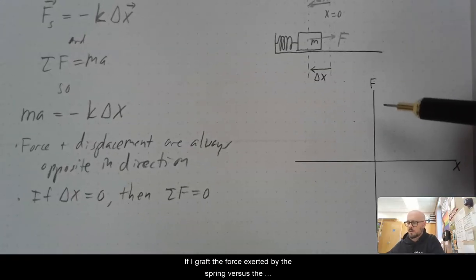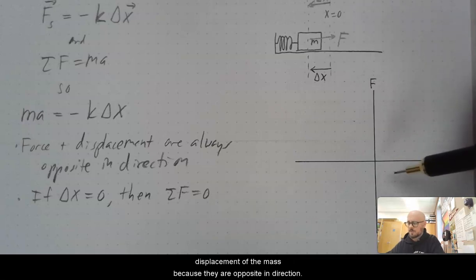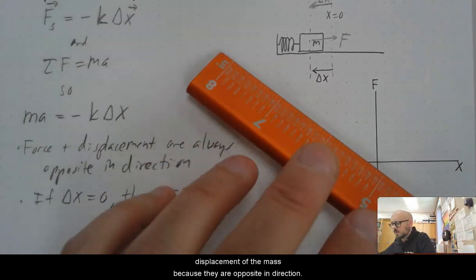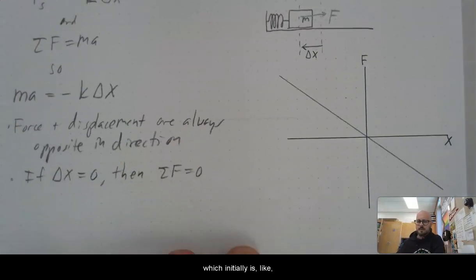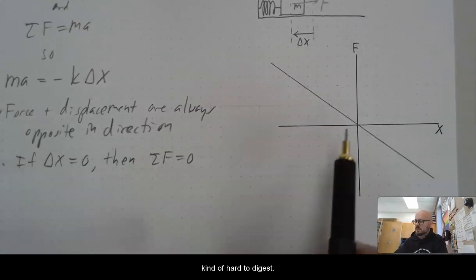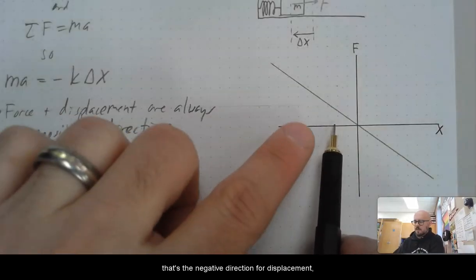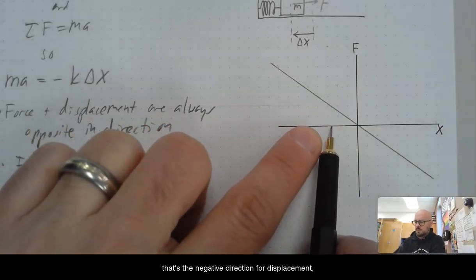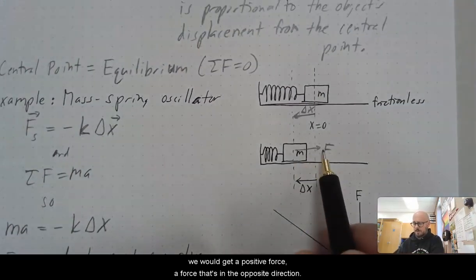If I graphed the force exerted by the spring versus the displacement of the mass, because they are opposite in direction, I would get a line that looked like this, which initially is kind of hard to digest. If we were to push the mass to the left, that's the negative direction for displacement, we would get a positive force, a force that's in the opposite direction.